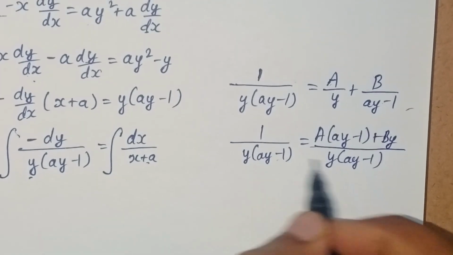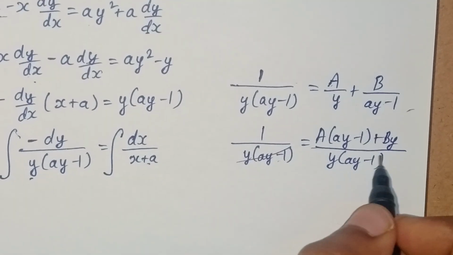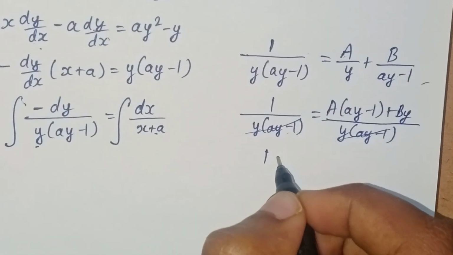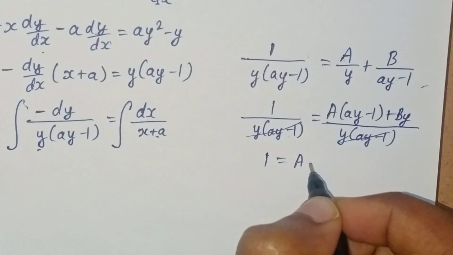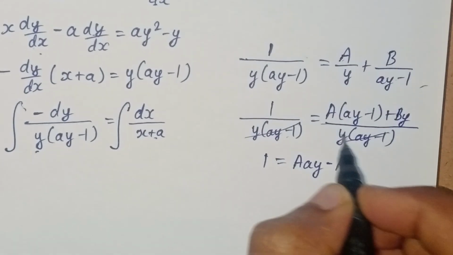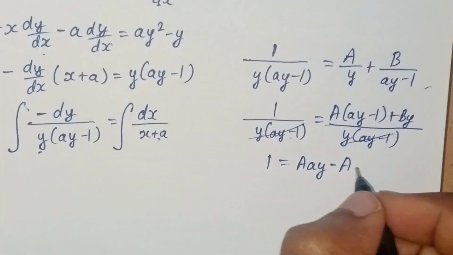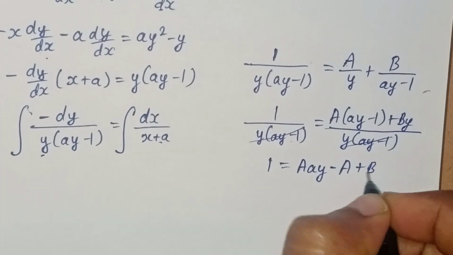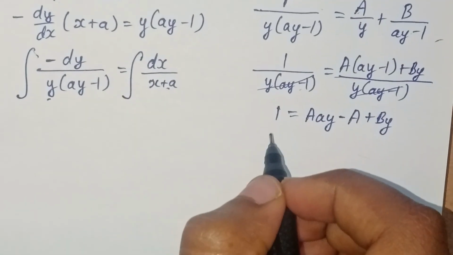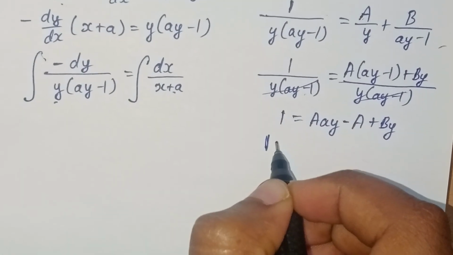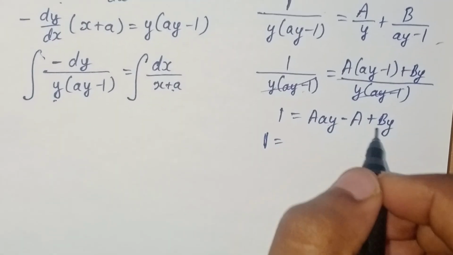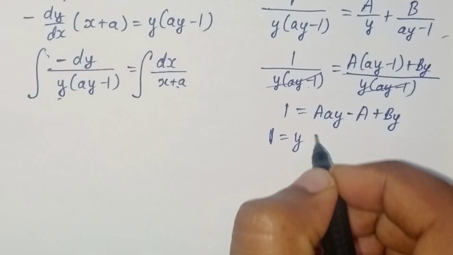Here the denominators are the same, so we can cancel them. Then we are left with 1 equals A(ay minus 1) plus By. Doing the direct multiplication, 1 equals Aay minus A plus By. Here we have y terms, so we take y as common.